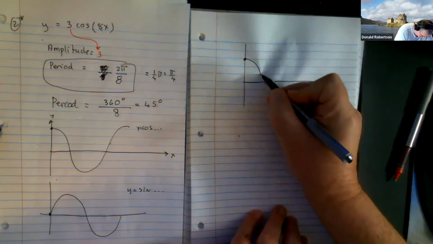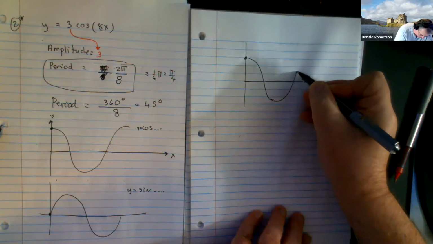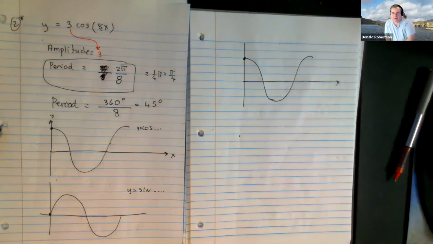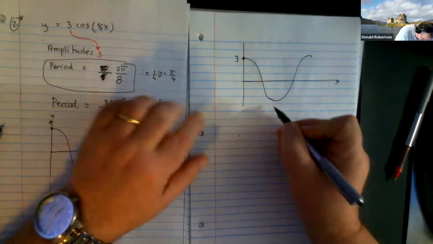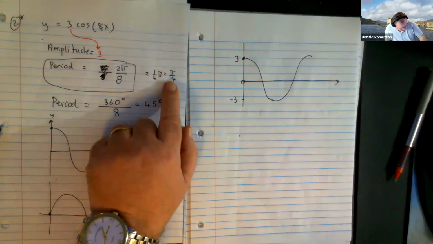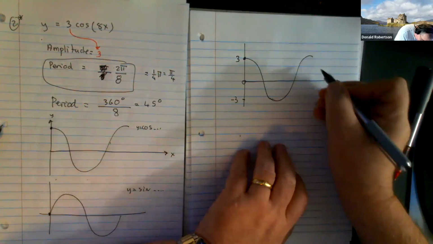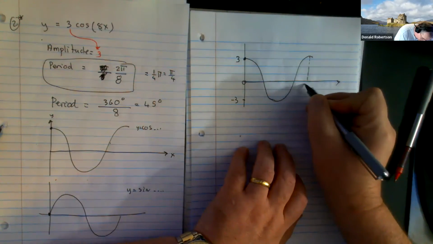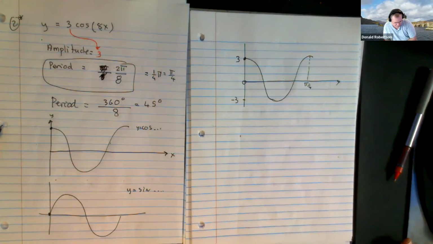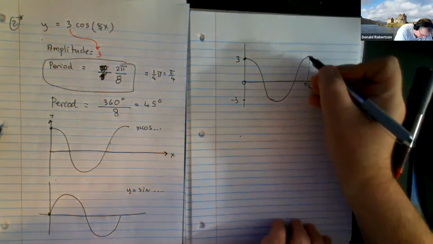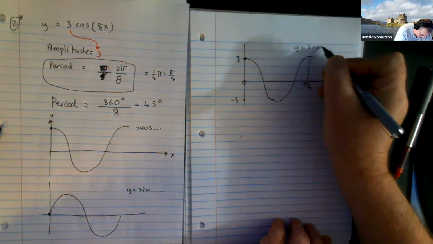And then I can basically just try my best to draw a shape that looks like that, right? That's one cycle. Now, since this is 3, that's 3, and that's -3. Since the period is a quarter pi, won't that guy be a quarter pi? Are we good so far? I've just basically done a very, very primitive sketch of 3 cosine of 8x.